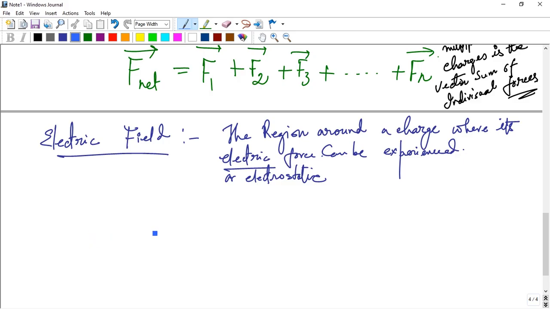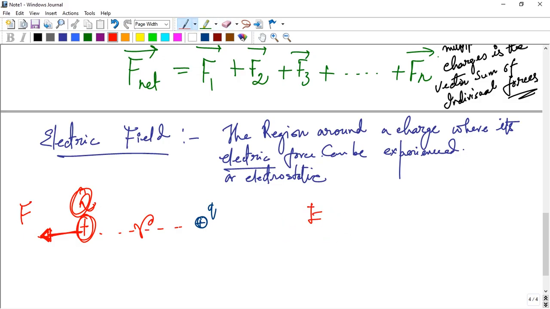Here we have two charges. To calculate the field around charge Q, bring a test charge, suppose a small positive test charge q. Since both are positive, like charges, there is a repulsive force F, and the separation is r.